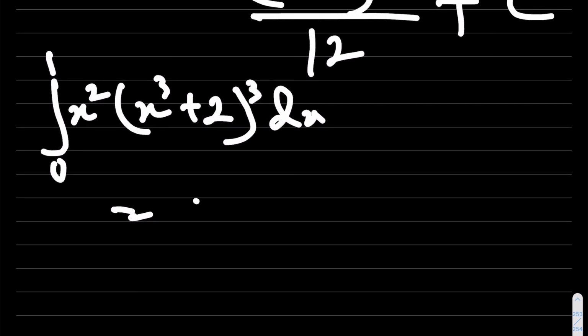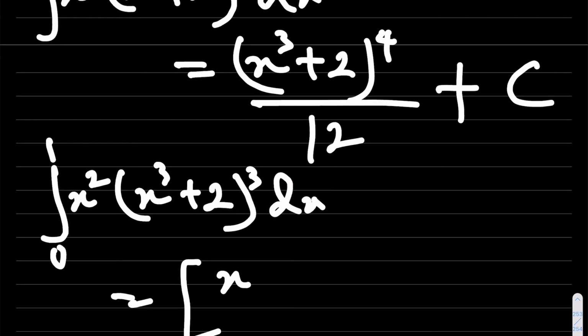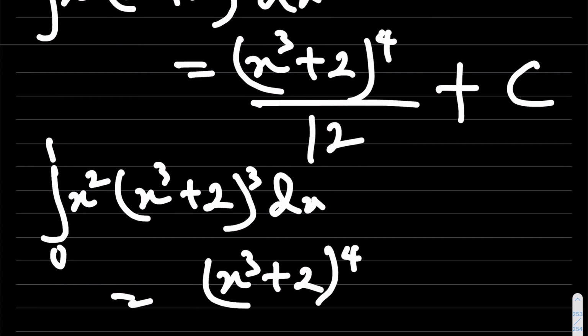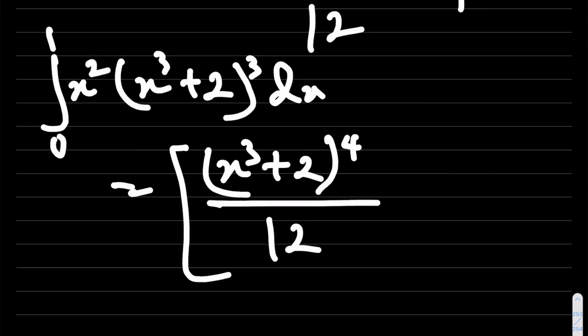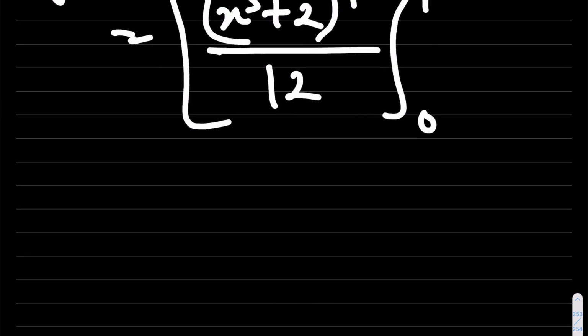I just write x cubed plus 2 raised to power 4 over 12 and put the limits, 0 and 1.